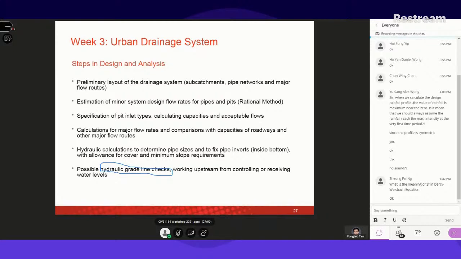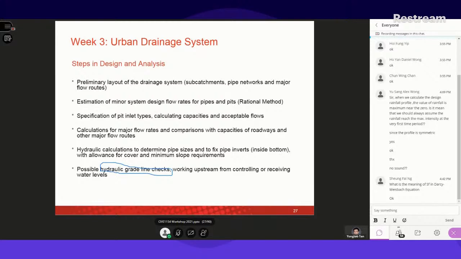That means the downstream pipe diameter should be equal or larger than the upstream pipe. And also the velocity should be less than 5 meters per second to prevent erosion of the pipe surface. If the velocity of the flow is high, it will speed up the erosion of the pipe surfaces. And also the velocity of the flow should be larger than 0.5 meters per second to prevent any blockage. Not too high and not too slow.